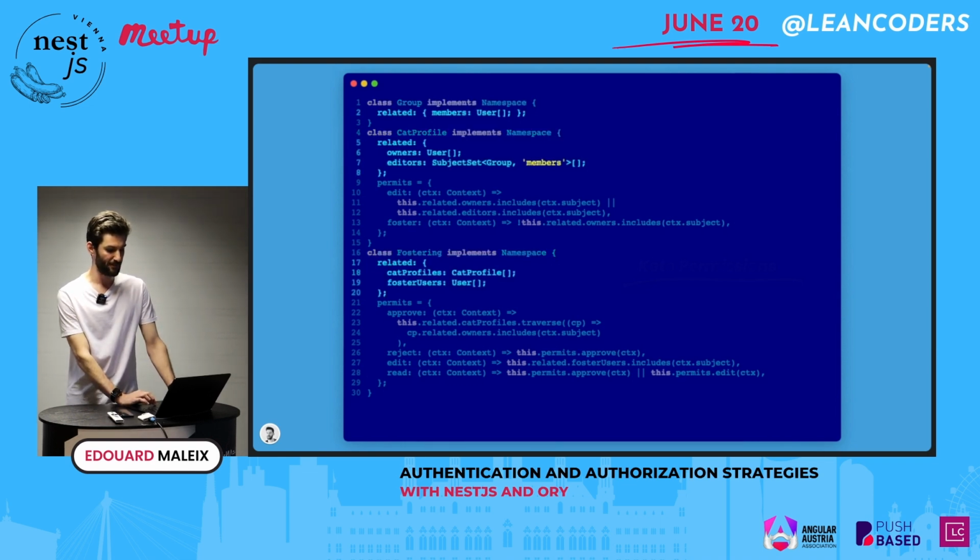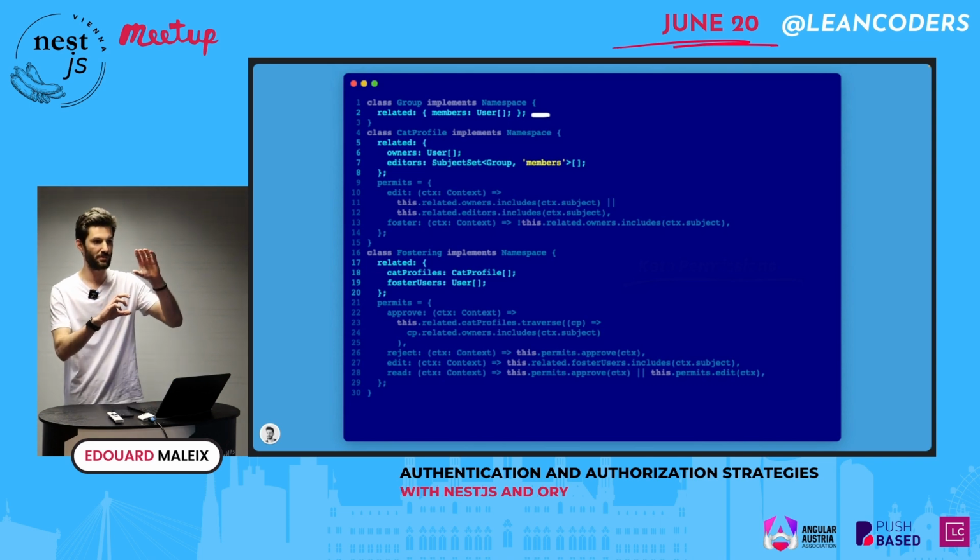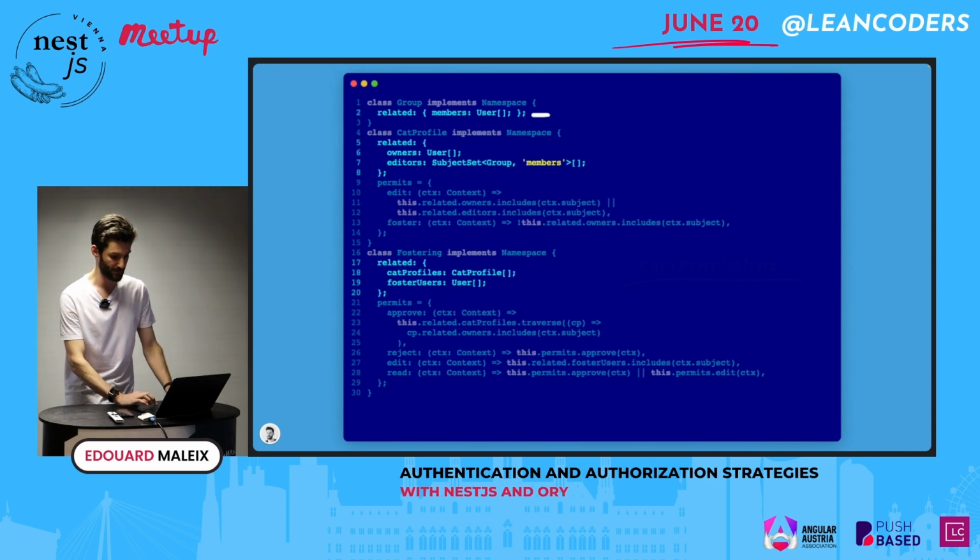For each namespace, you declare the expected relations. Take group: imagine the group could be an admin group. In that group we would have some members, so there will be a relationship between the user namespace and the group namespace. A bit more interesting and complex is the cat profile.